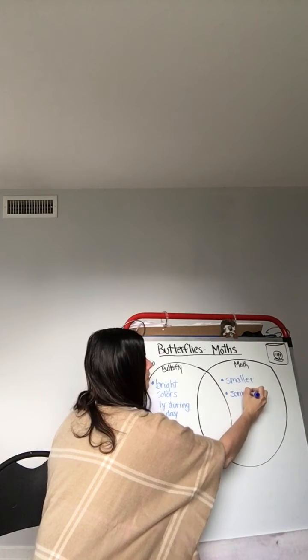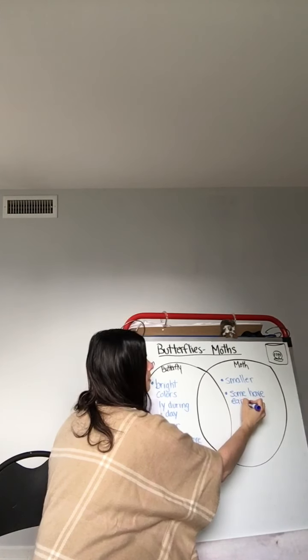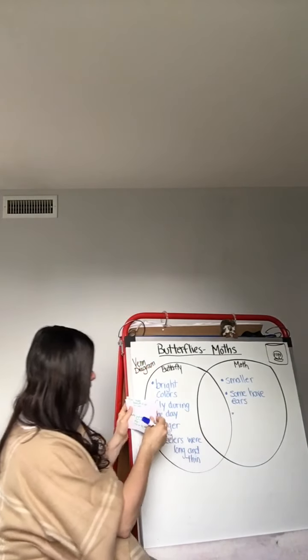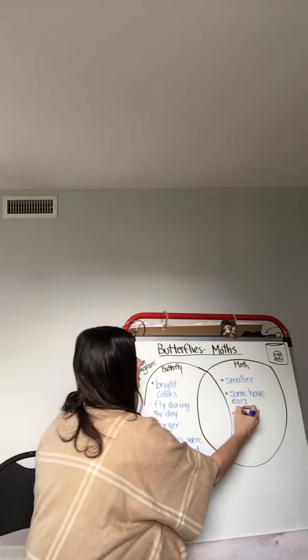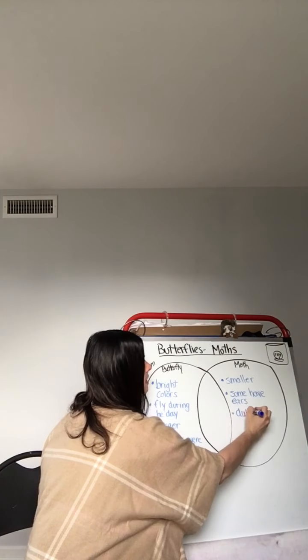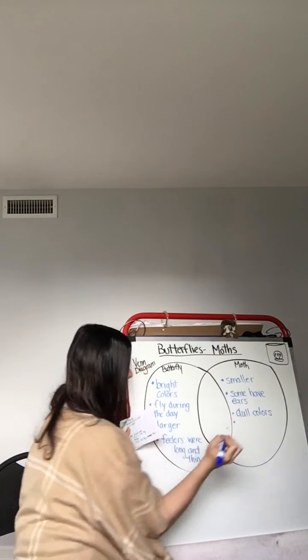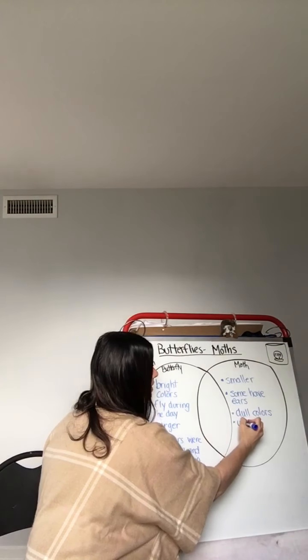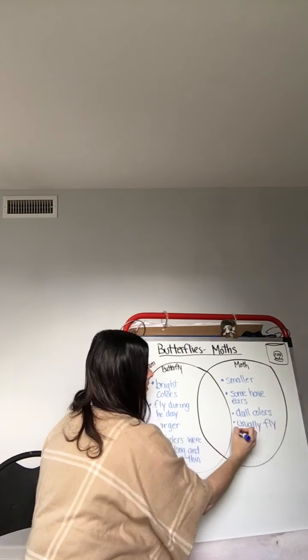Some have ears. They also said they were dull colors. Remember the butterflies were bright colors, but the moth had dull colors. And they usually fly at night. Okay.